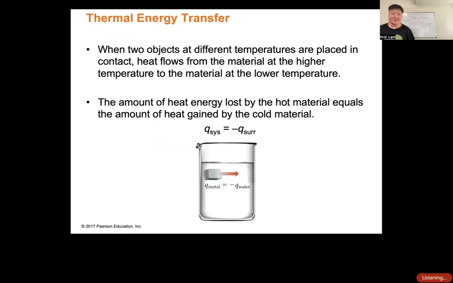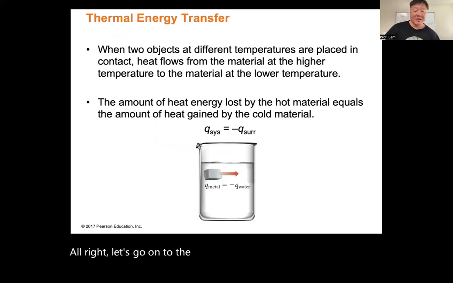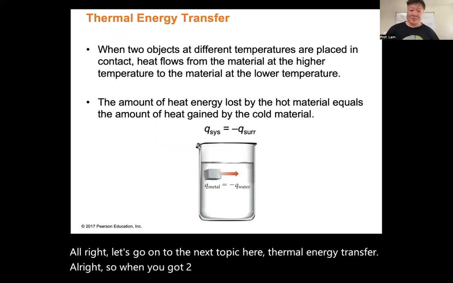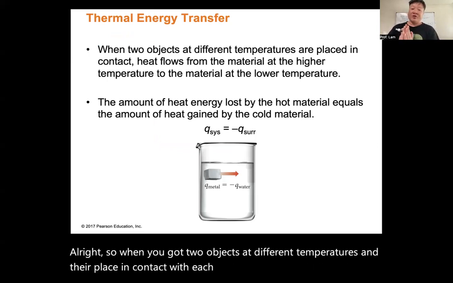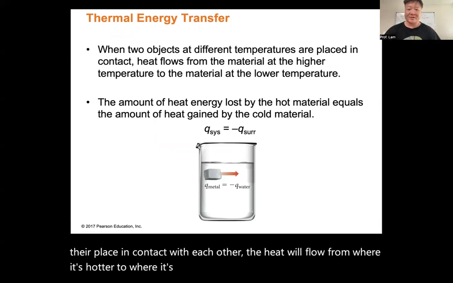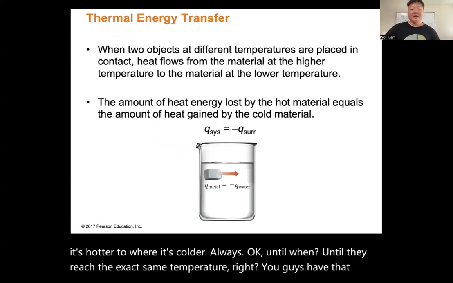All right, let's go on to the next topic here: thermal energy transfer. When you've got two objects at different temperatures placed in contact with each other, the heat will flow from where it's hotter to where it's colder, always, until they reach the exact same temperature. You guys have had experience with this.